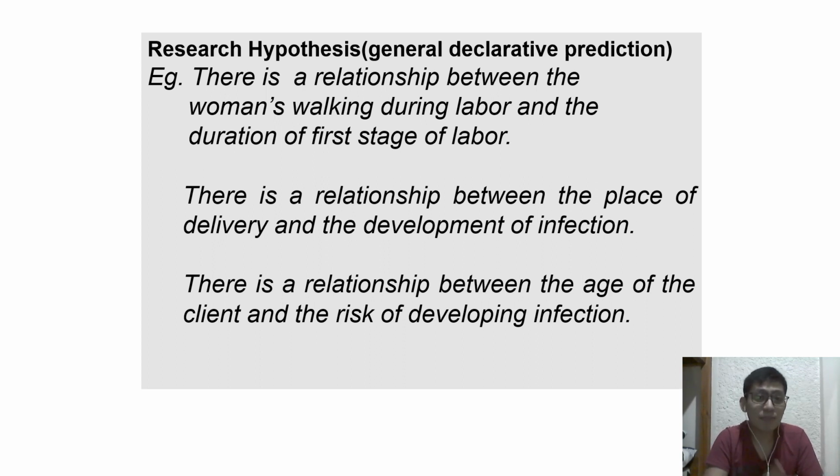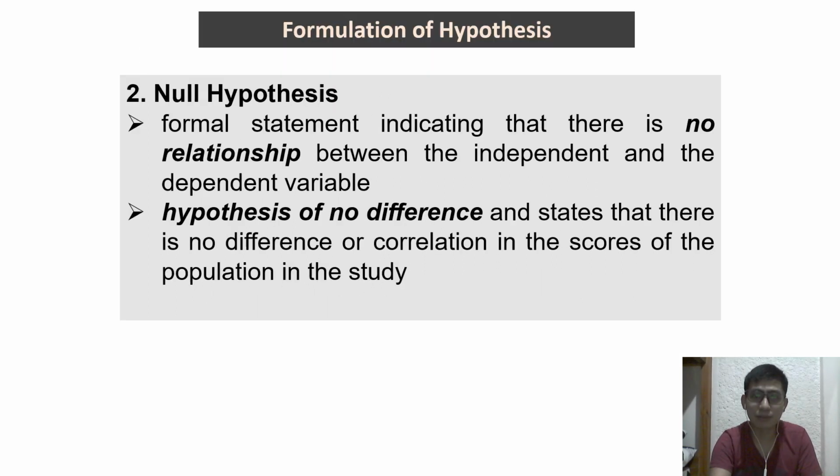There's a relationship between the woman's walking during labor and duration of the first stage of labor. Other examples, there is a relationship between the place of delivery and the development of infection. Other example, there is a relationship between the age of the client and the risk of developing infection. So there's research hypothesis, there's null hypothesis.